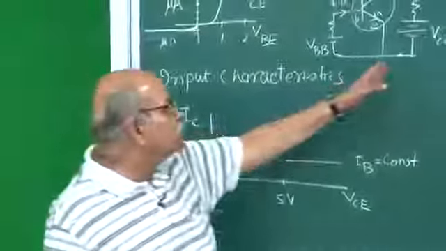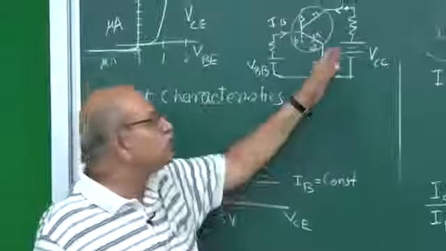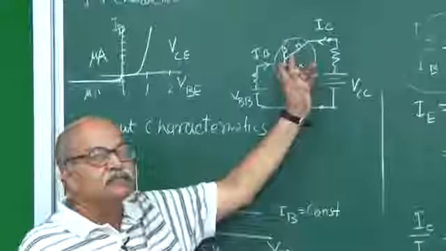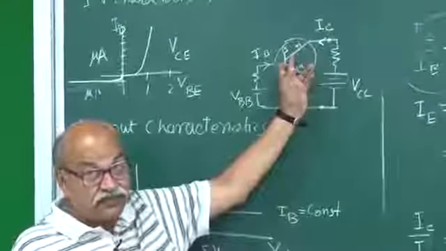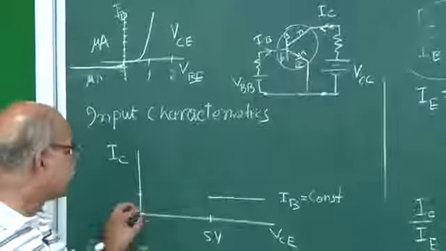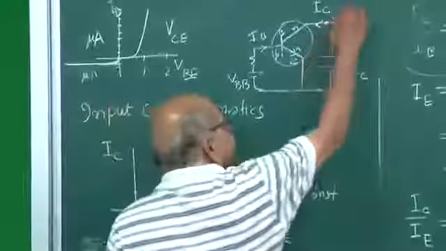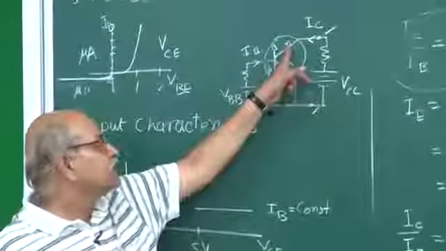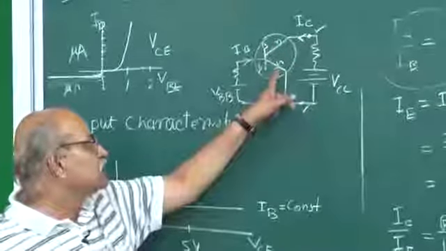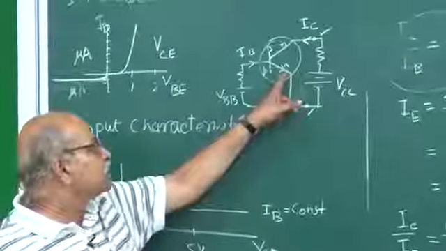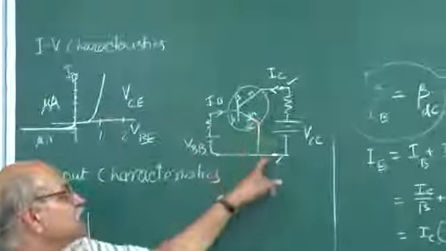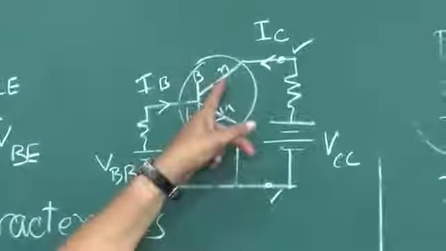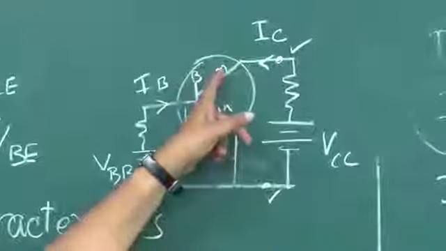And if this is not 0 but small, then you will have a very small forward bias to start with. This forward biasing will be decreased. If VCE is 0, these two are at the same potential, so it is at more potential than this and also more than this, so this junction is forward biased.